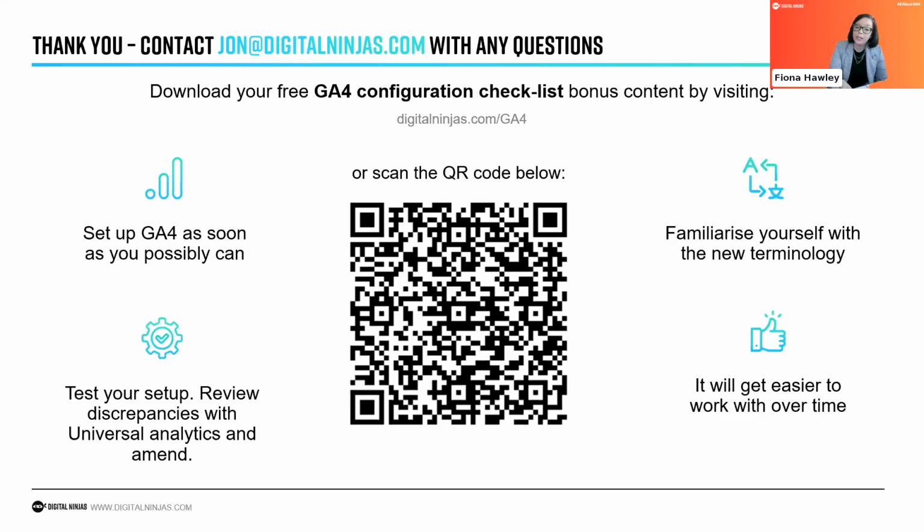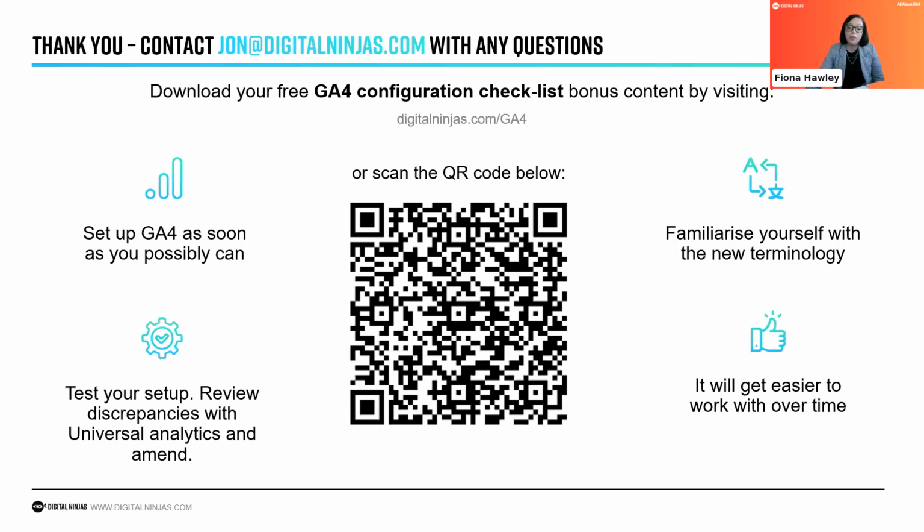In summary, if you haven't already, set up GA4 as soon as you possibly can. I would recommend this week. Familiarize yourself with the new terminology. The best way to do this is to dive into GA4 and start looking around. Google offers plenty of explanation within the interface and in documentation.